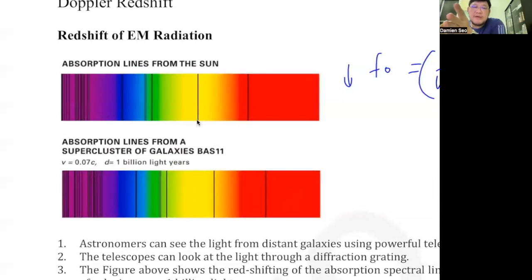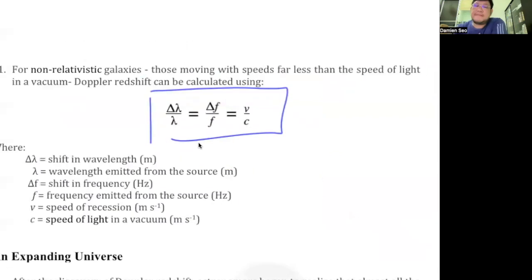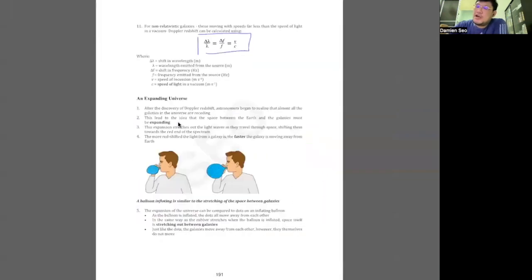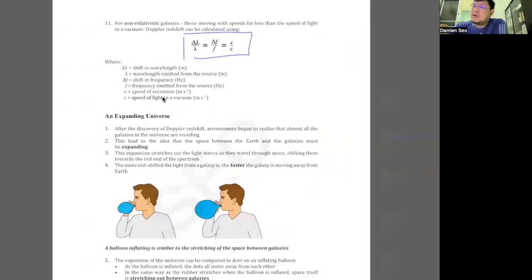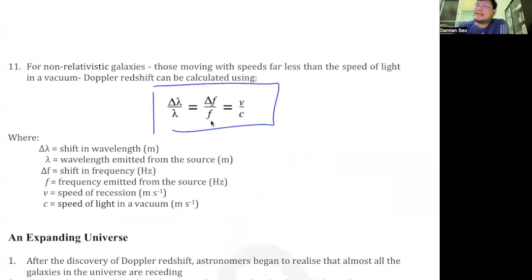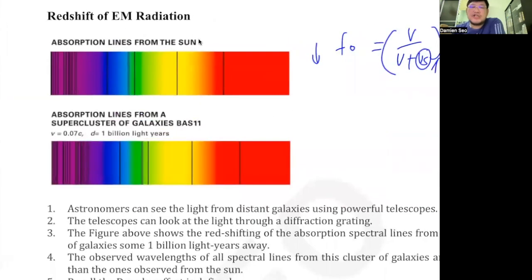You measure both wavelengths, and the difference in wavelength is delta lambda. Then you divide by your original wavelength. Or you can do delta f over f: instead of wavelength, you measure the frequencies, subtract to get delta f, then divide by the original frequency.